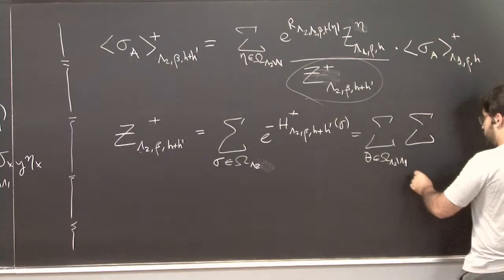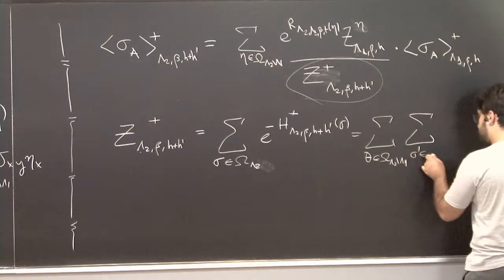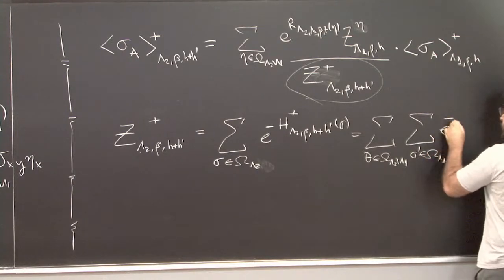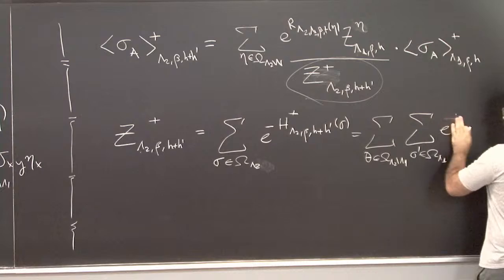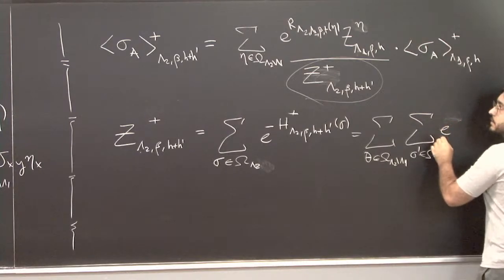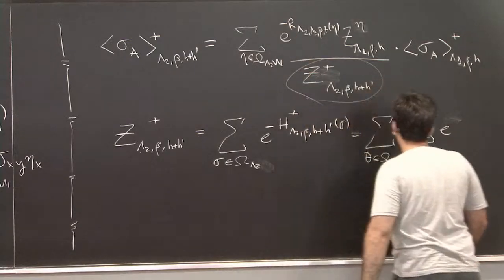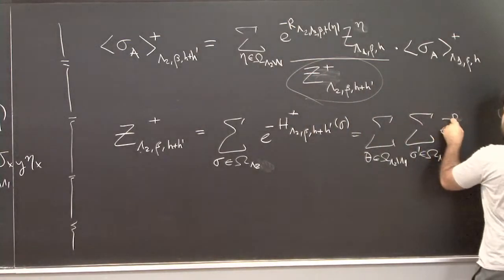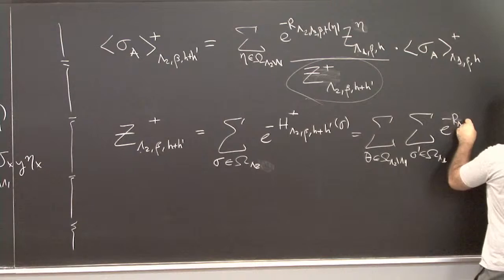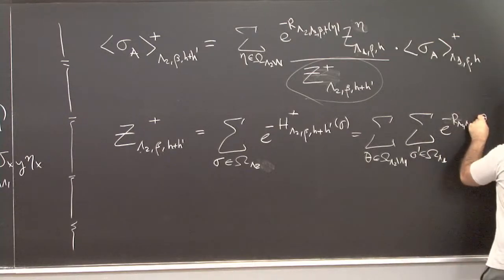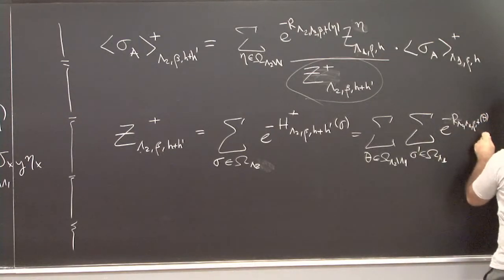I will use sigma prime inside lambda 1 exponential of, we have a minus. So we have the exponential of minus the remainder beta t. Now depending on the boundary condition theta, times what?